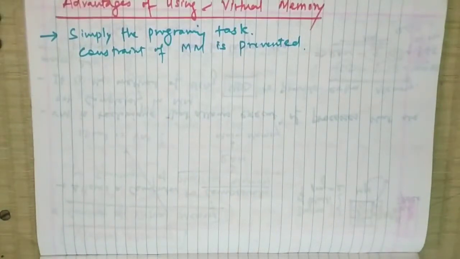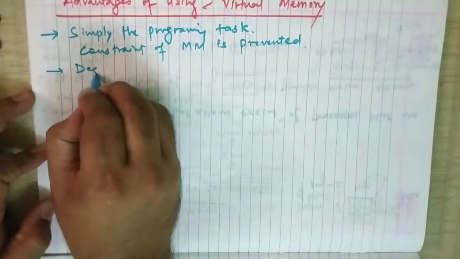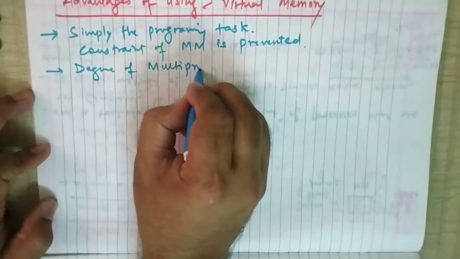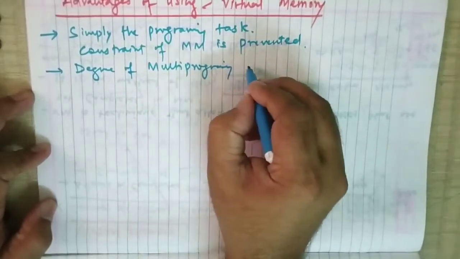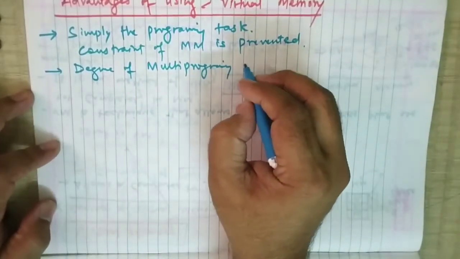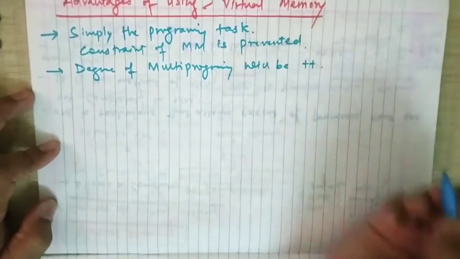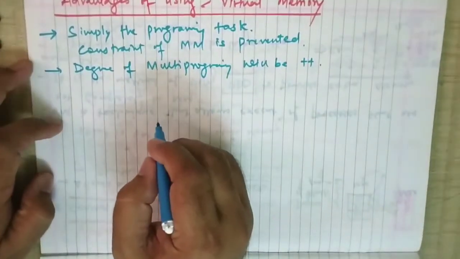Second, because each user program could take less physical memory, more programs could be run at the same time. So the degree of multi-programming will be increased. And why?